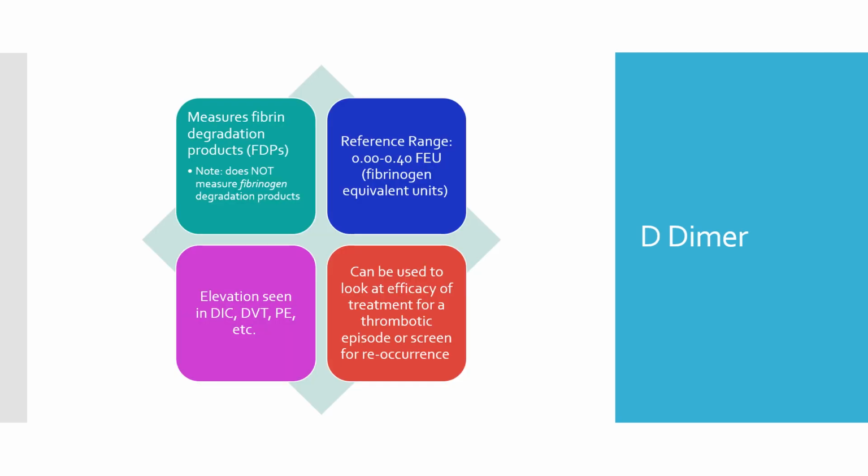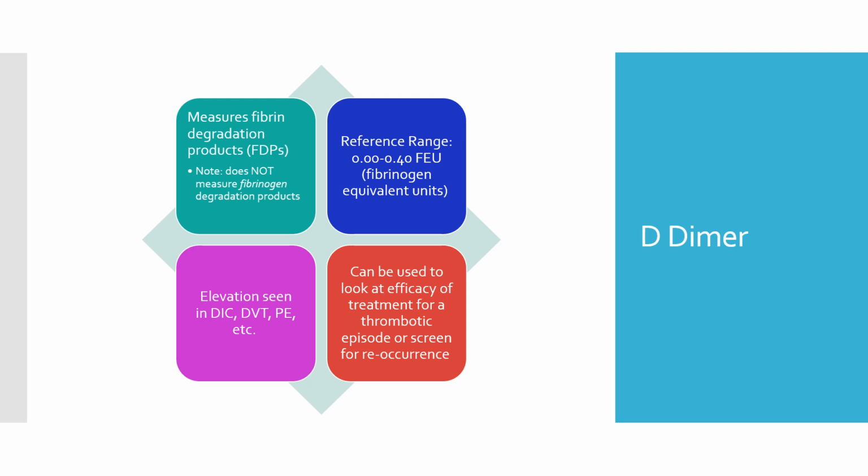All right, we haven't really talked about fibrinolysis much, but I'm going to give you a brief introduction to one of the tests that we use as an indicator that fibrinolysis is occurring. And again, fibrinolysis is going to be associated with the breakdown of clots after they have been formed through coagulation. A D-dimer is a type of test that we use to measure fibrin degradation products. Now, fibrin degradation products are one of the byproducts of clot breakdown.